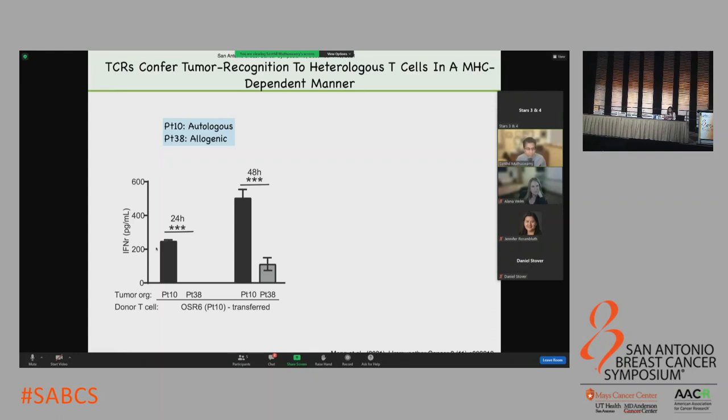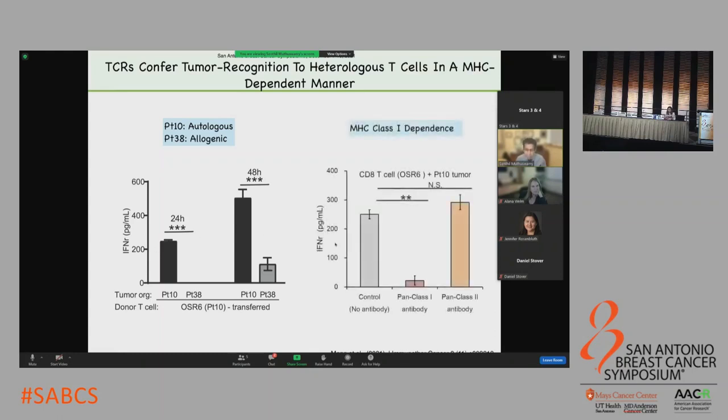And more importantly, this response is dependent on MHC class I antigen presentation, because if you use a pan-MHC class I antibody, you can block this TCR-mediated killing, suggesting that these TCRs expressed in heterologous T cells retain MHC class I-dependent killing of autologous tumors, demonstrating the potential for these TCRs in TCR therapeutic approaches.